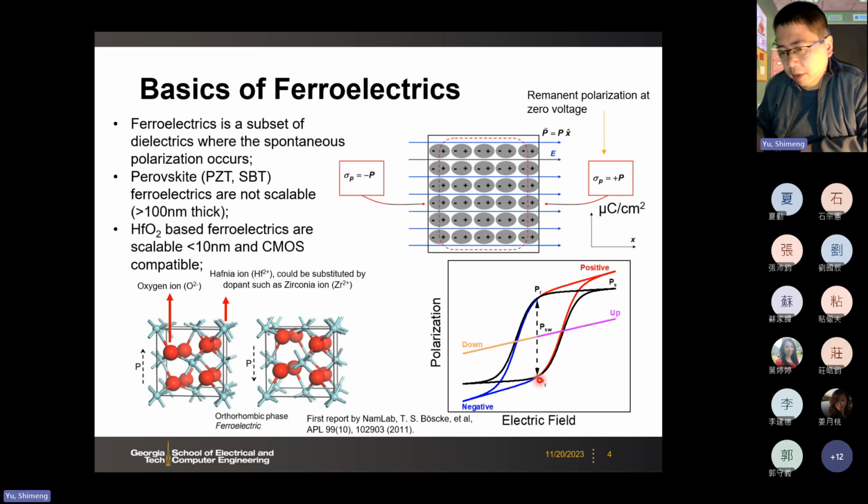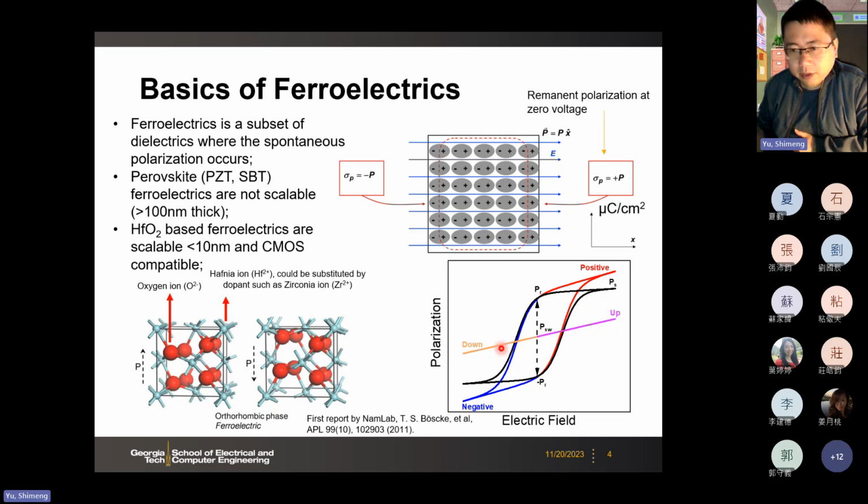The reason is that when you apply the electric field, there are two components contributing to the charge. So how do you get this figure? You measure the current in the time domain and integrate the current with time to get the charge. The total charge has two components. The first one is this linear component, like your normal dielectric.